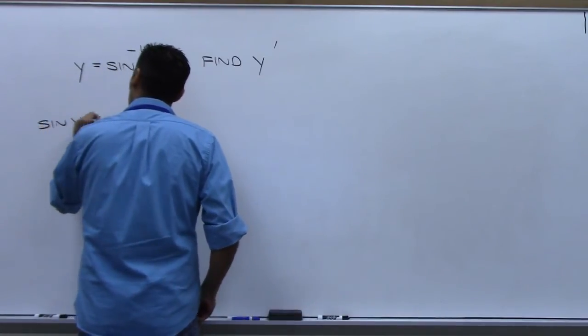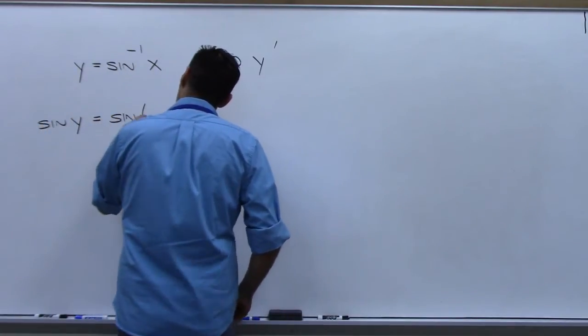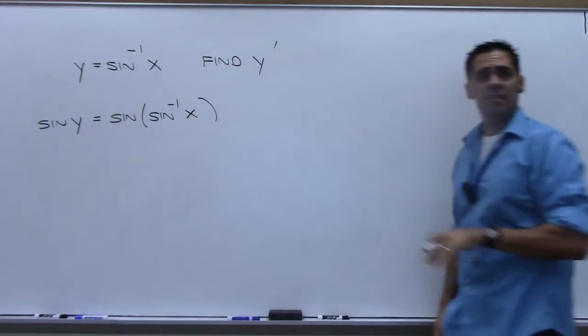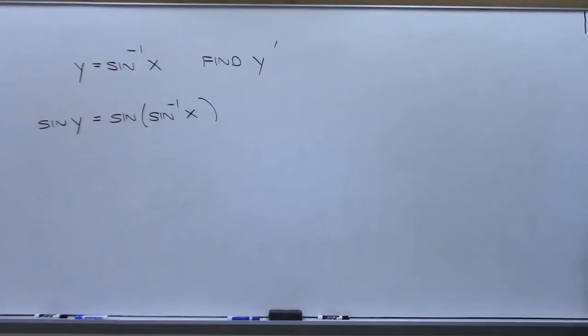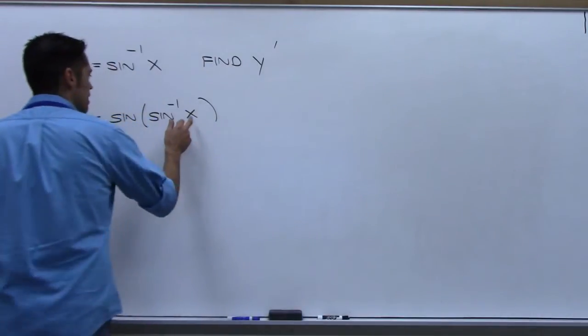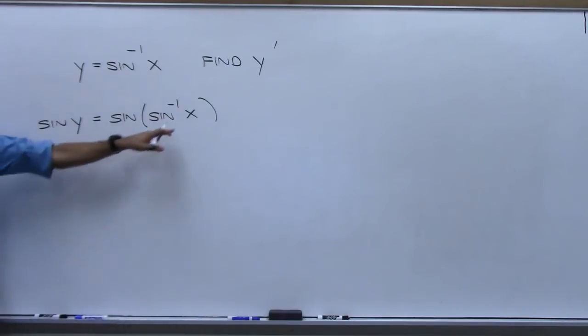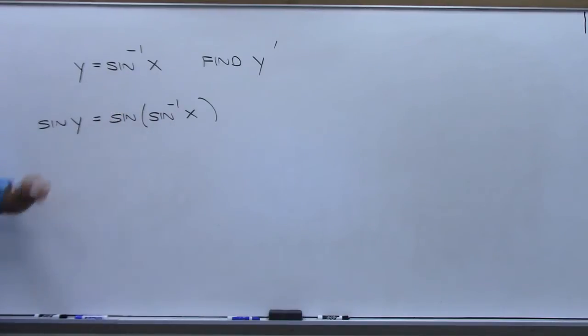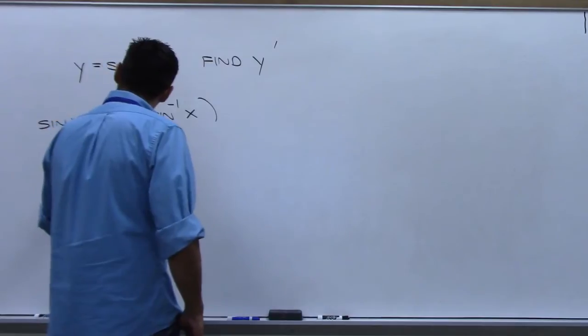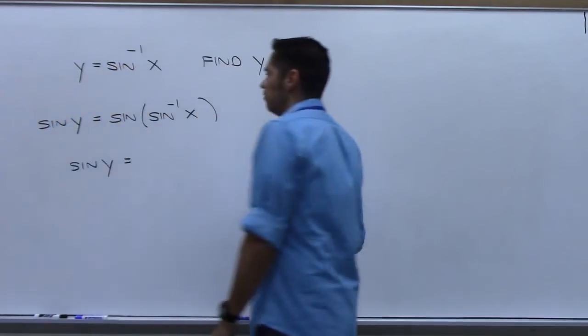Does that seem like a legitimate algebraic move to you? Does that seem okay to you if I do that? Now there are certain restrictions. We do have restrictions on x because we know that there are domain restrictions for x, right? But what that allows me to say now is that sine of y is equal to what?